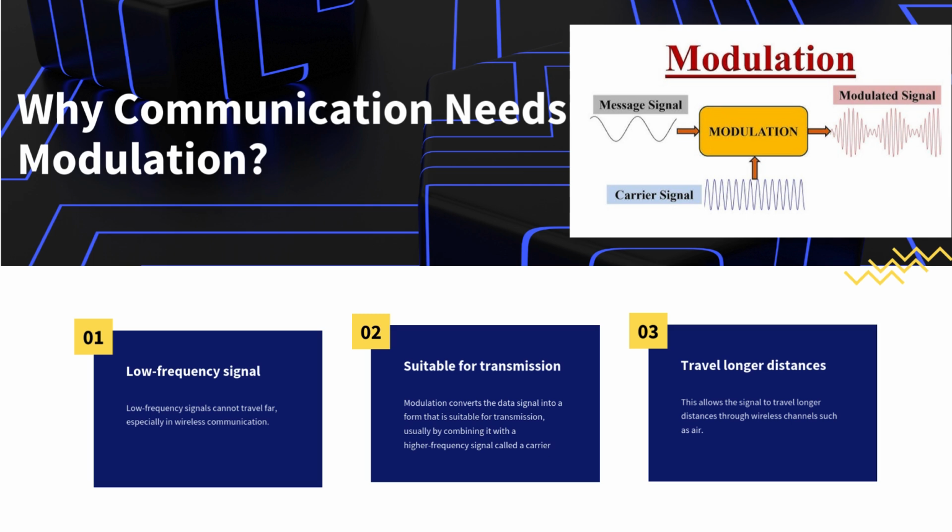Modulation converts the data signal into a form that is suitable for transmission, usually by combining it with a higher frequency signal called a carrier signal. This allows the signal to travel longer distances through wireless channels such as air. Without modulation, IoT communication over long distances would not be possible.